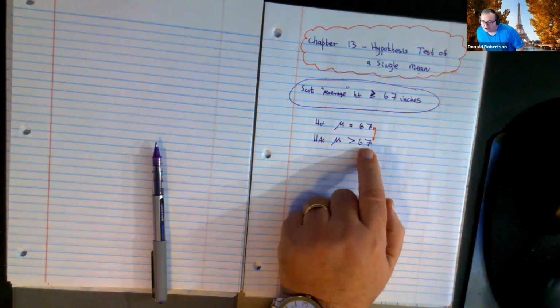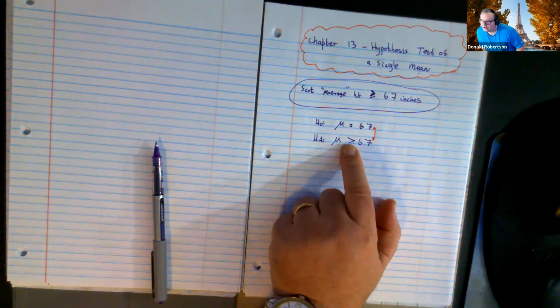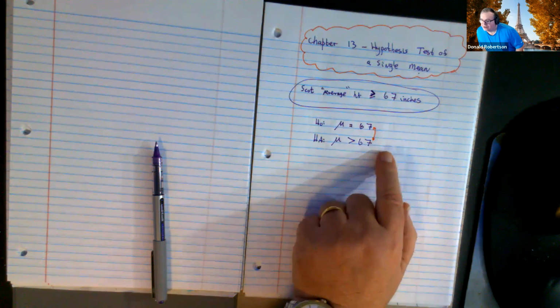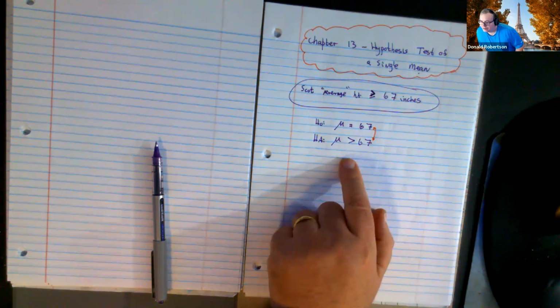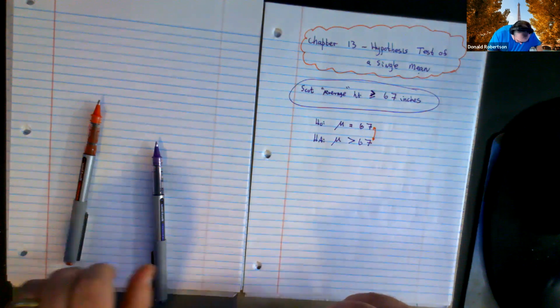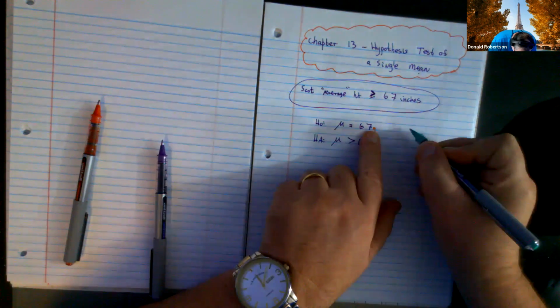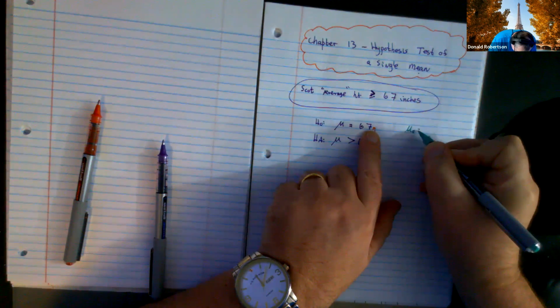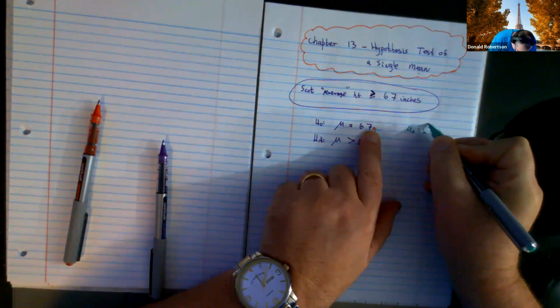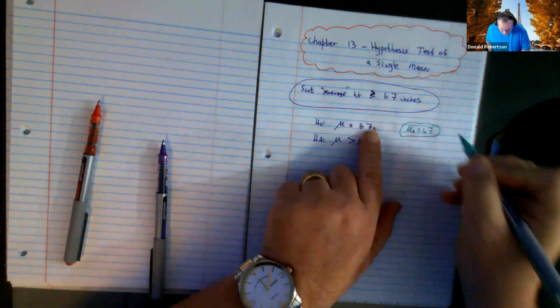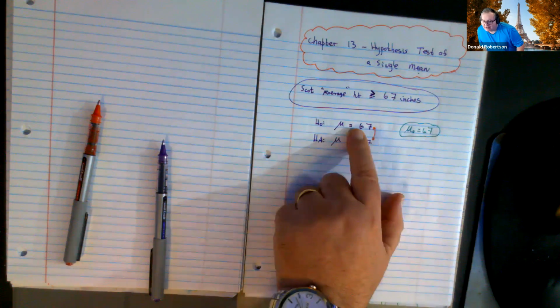Now, just like we had when we did proportions, aren't there three kinds of hypothesis? There's a right-tailed, there's a left-tailed, and there's a two-tailed. That's still going to be true here. Also, this number 67 is called mu naught. So if you ever see the term mu naught, they mean that guy there, right?